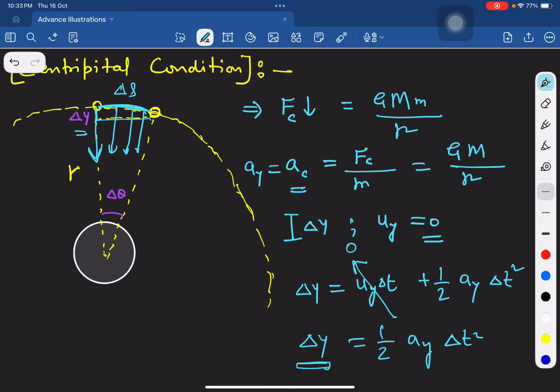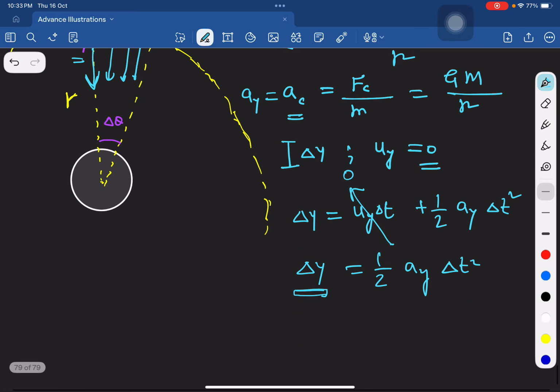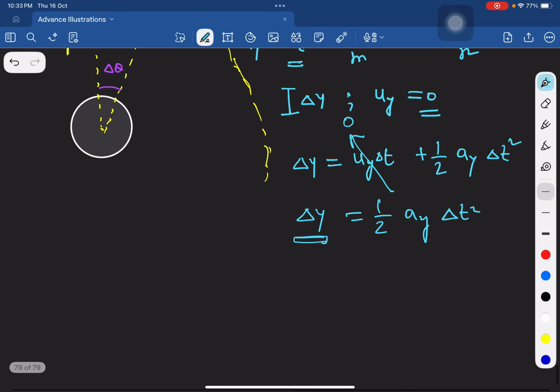So if you see guys, the delta s is equal to r into delta theta. Delta s is equal to r into delta theta. Now here what I'm going to do, I'm trying to replace this delta s by this r delta theta, like this delta t I want to replace, okay.